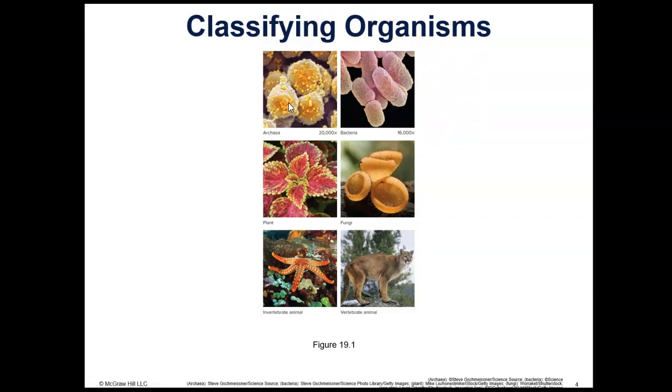Archaea is one of the three domains. Bacteria is another of the three domains. And the images in the second and third row are from the domain Eukarya. So we have three domains: Archaea, Bacteria, and Eukarya. In the domain Eukarya, we have plants, fungi, and animals, as well as a group called the Protista.